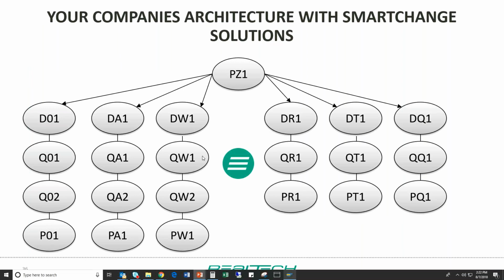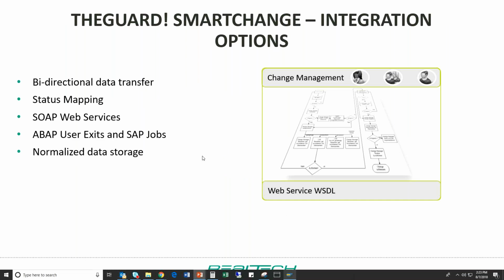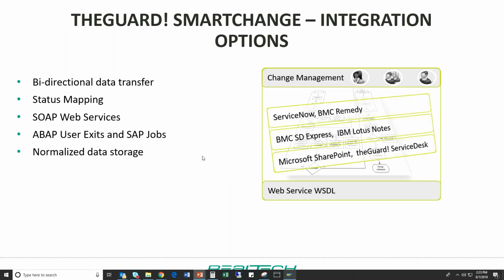This is just an example of how the architecture would look. We install everything on a solution manager system. It doesn't have to be, but we like that because the system isn't maintained that much. And then it has control of all the landscapes that are associated with it. Integration, we talked a little bit about that. We have ServiceNow, BMC Remedy integration, and can really integrate anything that has SOAP web services.